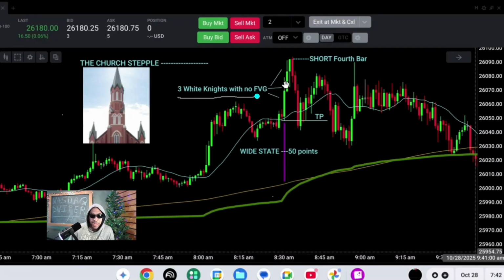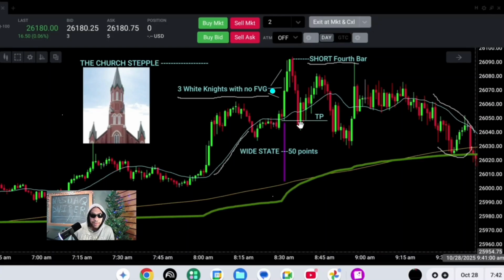No fair value gap. So again, you're set up for a bull trap since we're 50 points away. You can short this fourth bar. Bring it down. You could just take TP right here. If you hold long enough, you can take TP at the parent. Remember, the 20 SMA wants to come back to the parent.